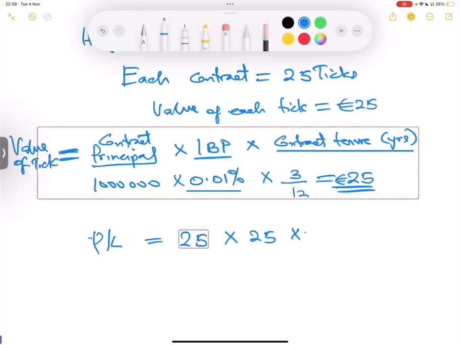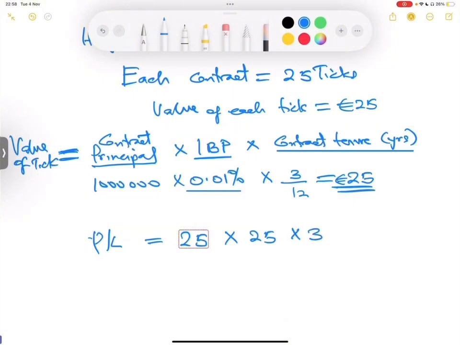Then we bought 3 contracts. How much would that give us? That gives us a profit of 1875.